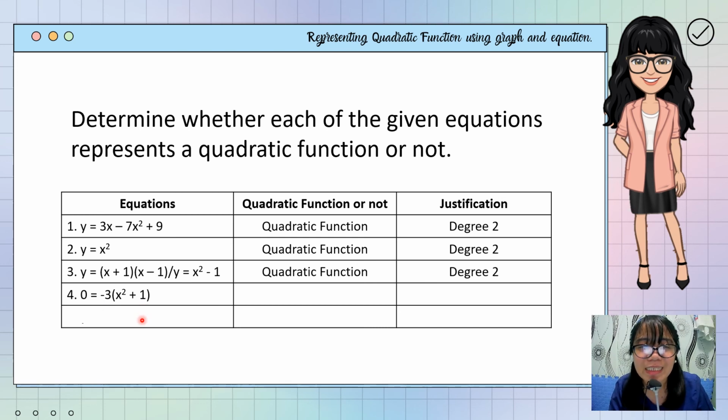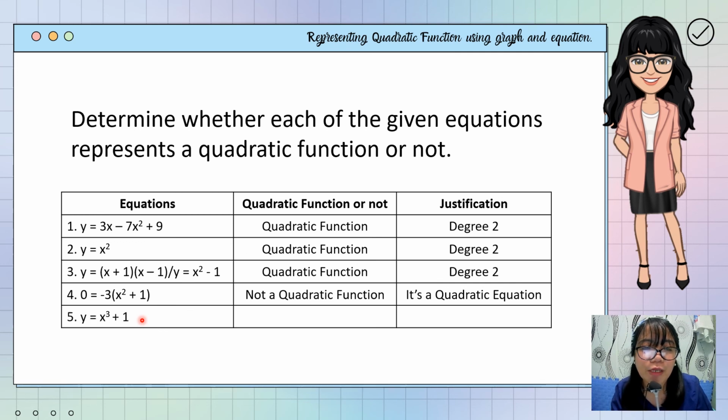But since this is a quadratic equation, the degree of our quadratic equation is in second degree. But there is only one variable involved, which is x. So we cannot consider this one a quadratic function, but rather a quadratic equation.